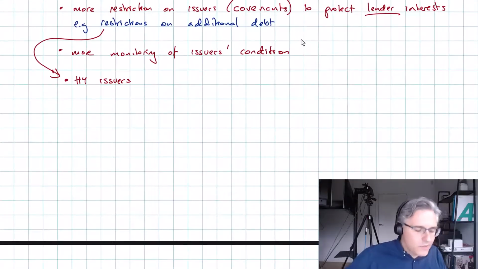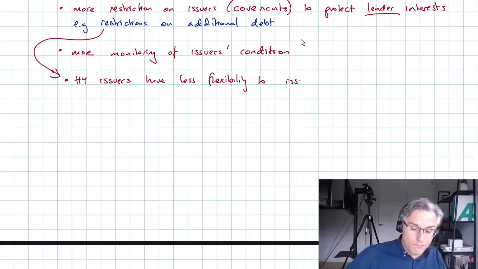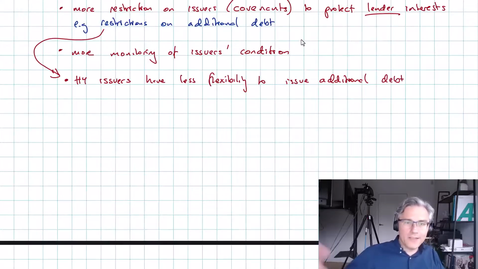So high yield issuers definitely will have less flexibility to issue additional debt, to expand their overall amount of debt.